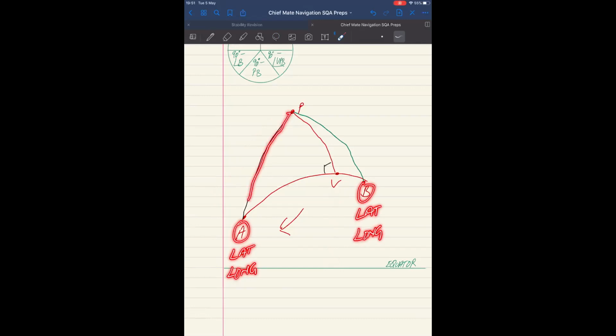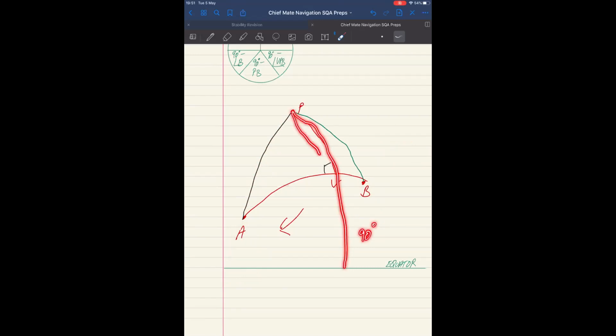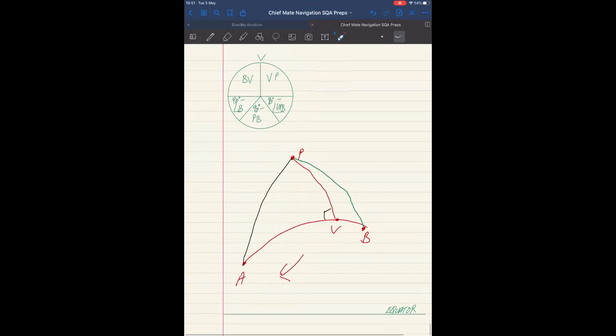If this part was my longitude for A, and if I'm able to find out this angle, I would be able to calculate the longitude of V. If I'm able to calculate the distance from pole to vertex, then all I need to do is 90 degrees minus PV, which will give me the lat of V. Because from pole to equator, it is 90 degrees, and if I'm able to calculate this distance from pole to V, I can simply take this entire distance minus this distance.